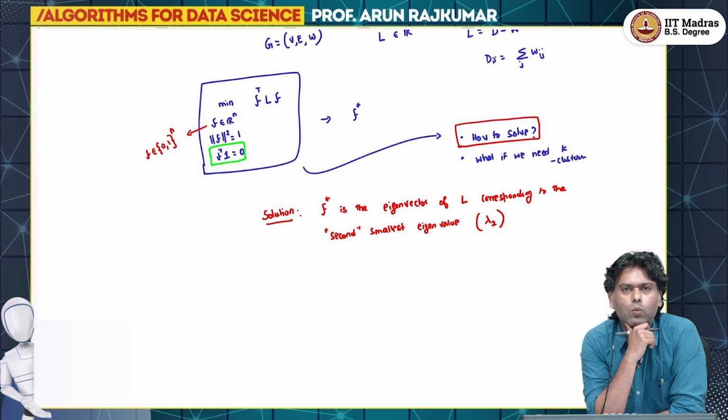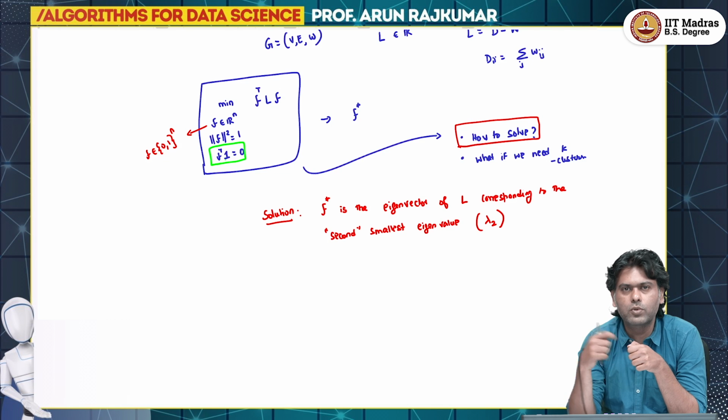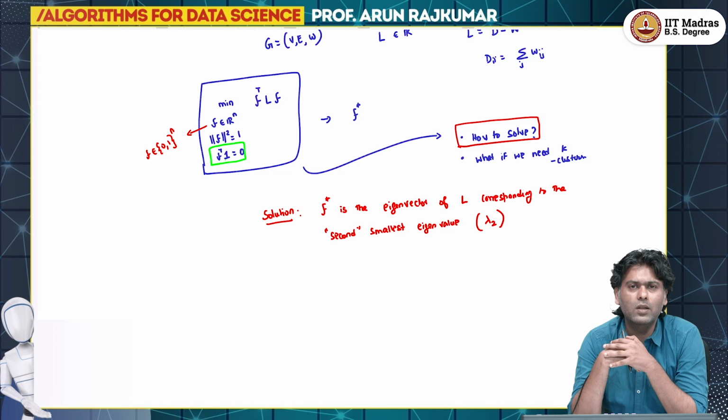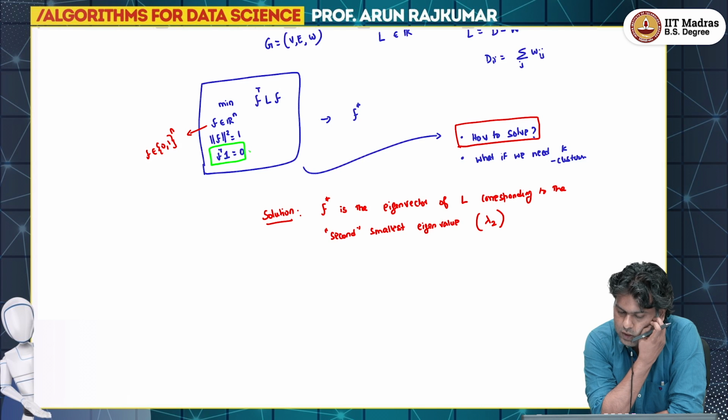Then what I am asking is, I have f which is in a unit circle, and I want to know which direction in the unit circle gives me the smallest f transpose L f quadratic form, and that is the direction corresponding to the smallest eigenvalue of the matrix L. Now, the question is, what is the smallest eigenvalue of the matrix L? Again, remember, we are talking without the constraint f transpose 1 equals 0.